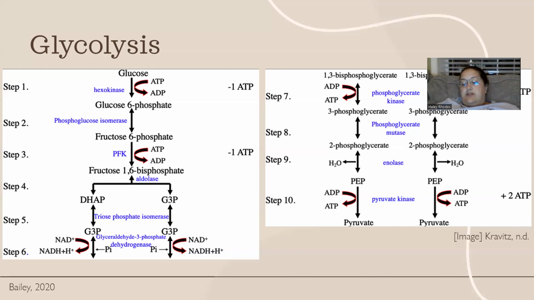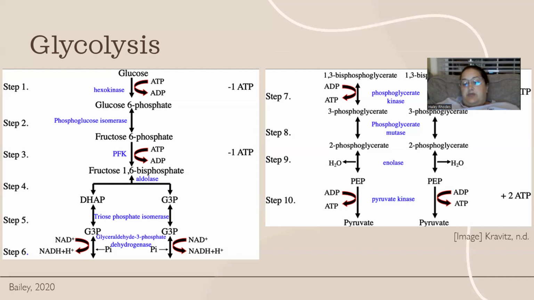Step 5 shows triose phosphate isomerase changing the DHAP into G3P in preparation for step 6.